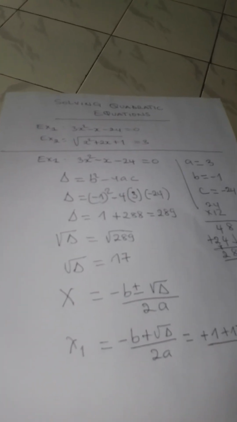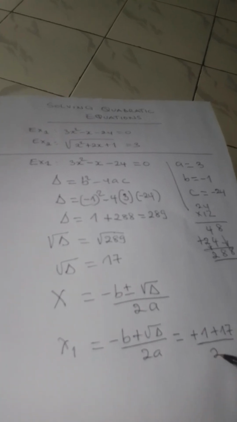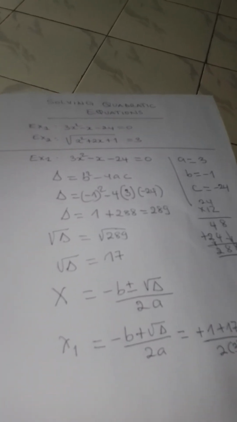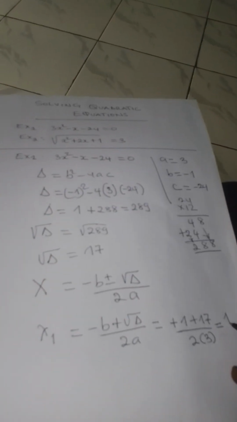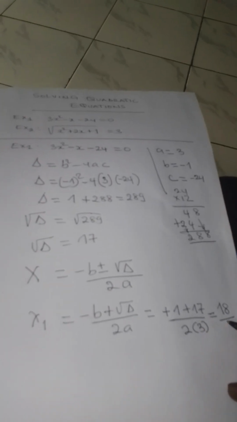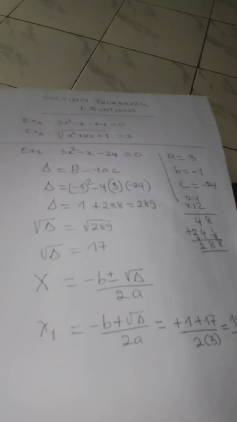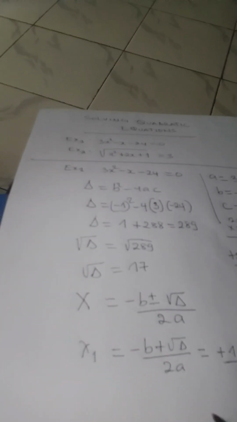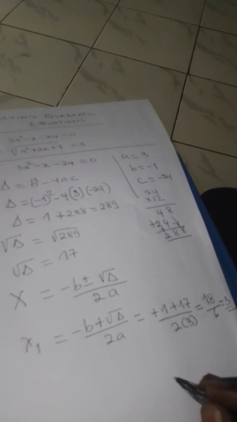Then divide by 2a. A is 3, then we put brackets and we write 3. Now, when we add, we get 18 over 6, because 2 times 3 is equal to 6. Now when we divide, we get 3. 18 divided by 6 is equal to 3. x1 is equal to 3.